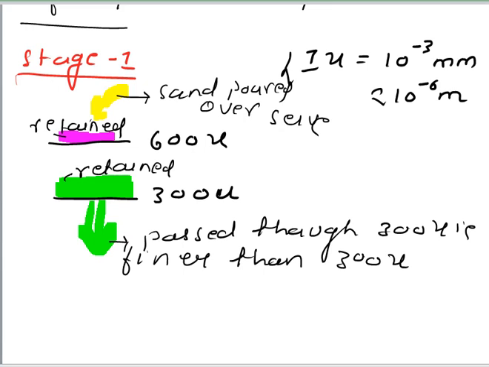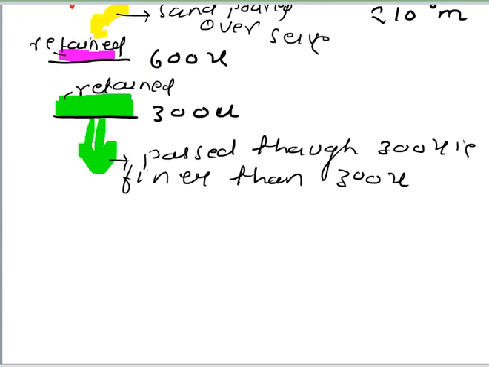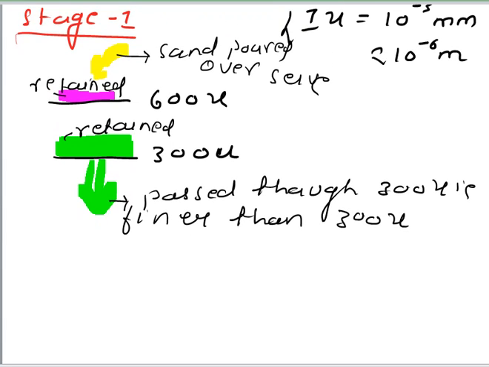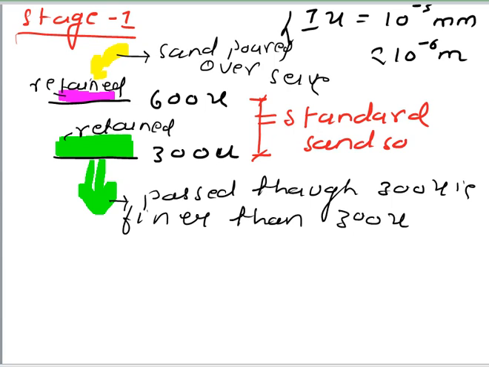But what is the standard sand for this experiment? It is the soil in the range between 300 and 600 micron. That is, the sand sample retained over the 300 micron sieve will be considered as the standard sand sample.